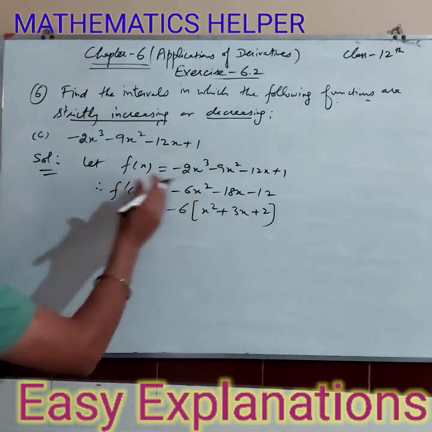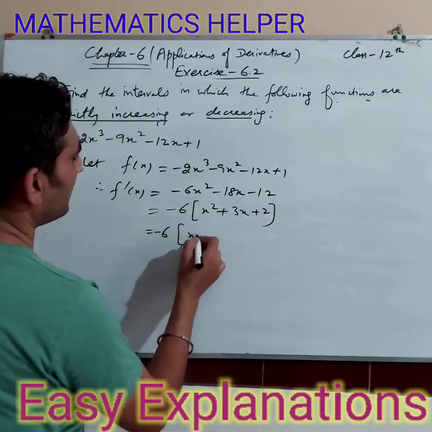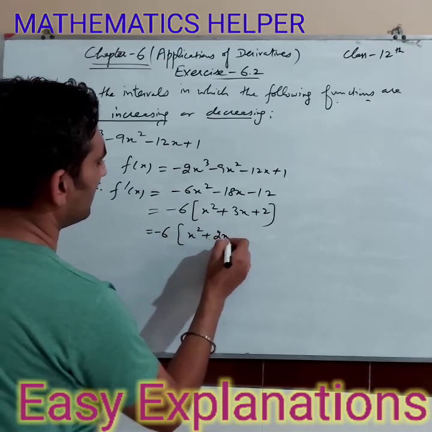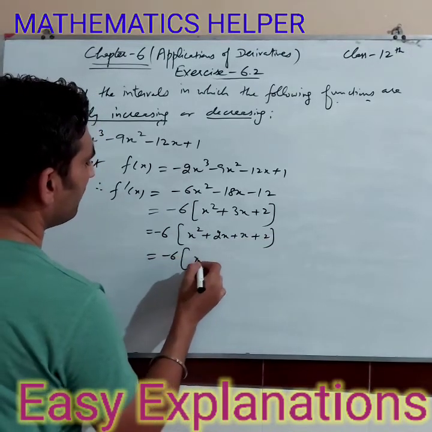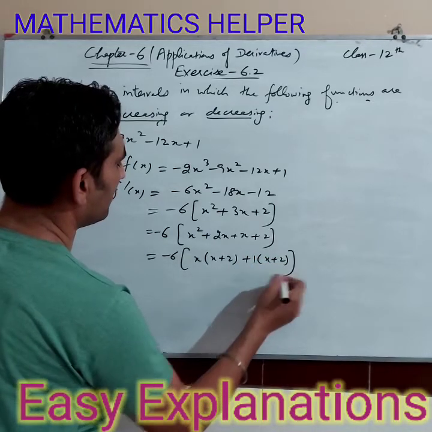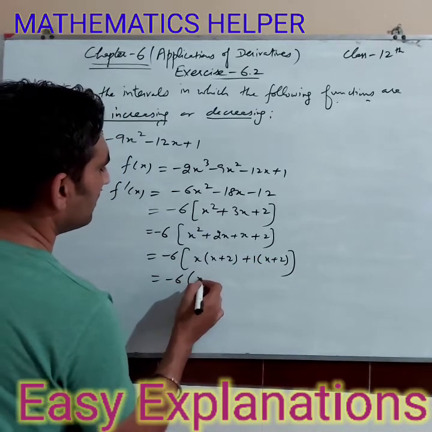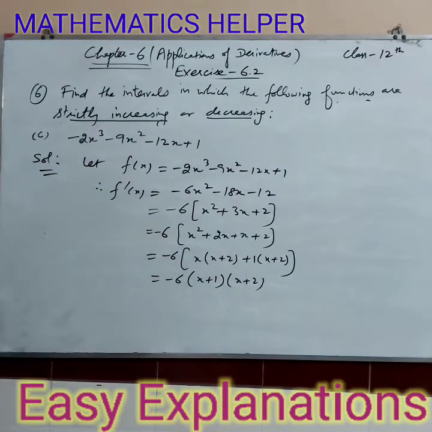When you factorize it, factors of the middle term are 2x and x. So from first two terms take x common, x plus 2, from the last two take 1 common, x plus 2. So its factors are x plus 1 into x plus 2. So you have this whole answer with us.